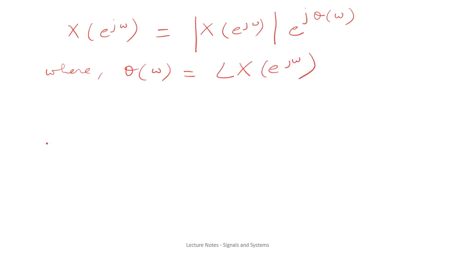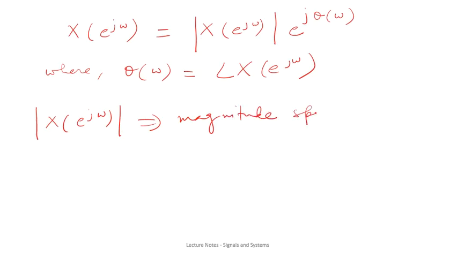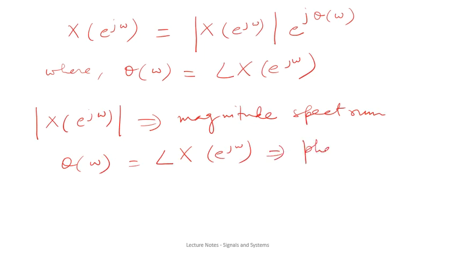The magnitude part which is shown here is called the magnitude spectrum, and the quantity theta omega, which is equal to the angle part of this, is called the phase spectrum.